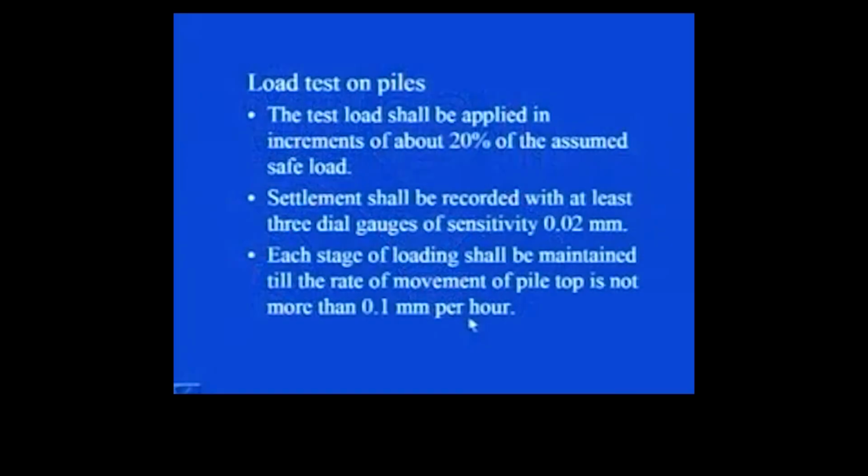For that, a guideline has been given that after each stage of loading, you have to maintain the load till the movement of the pile is not more than 0.1 millimeter per hour.